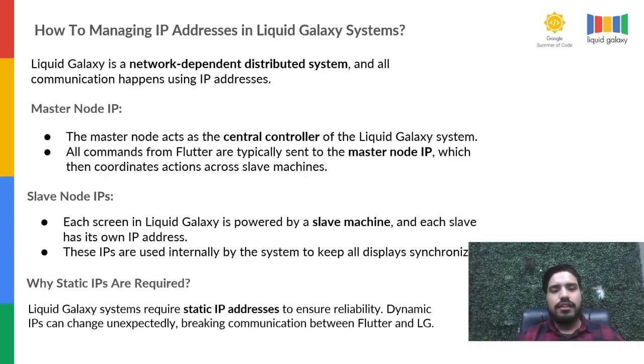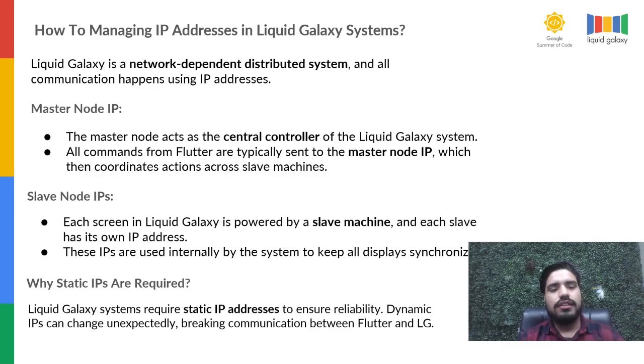The master node acts as the central controller of the Liquid Galaxy system. All the commands from Flutter are typically sent to the master node IP, which then coordinates actions across slave machines. As I already told, our Flutter app always sends commands to the master machine, then the master machine distributes that command to the respective slave machines.